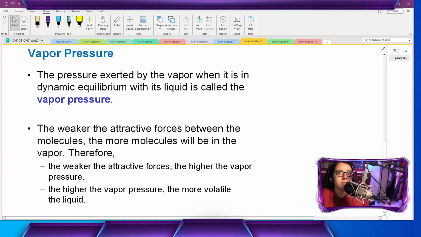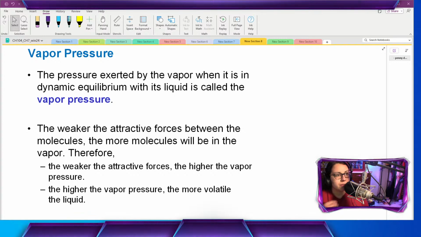So our next related property is vapor pressure. Vapor pressure is defined as the pressure exerted by vapor when it is in equilibrium. What that means is, in any bit of water, there's still some water in the gaseous phase.